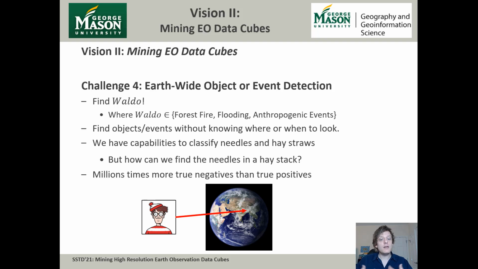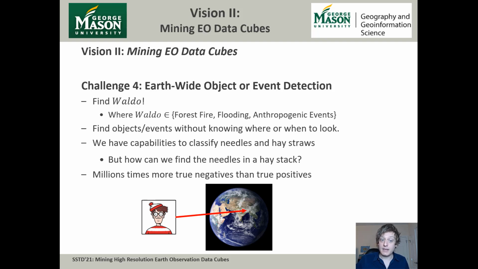But finding the needle in the haystack when you have millions of negative examples but few positive examples, that is a big challenge. So in summary, the new challenge is that we want to find objects or events, but without any a priori knowledge of when and where to look for these objects.